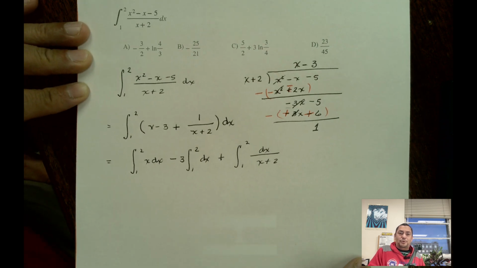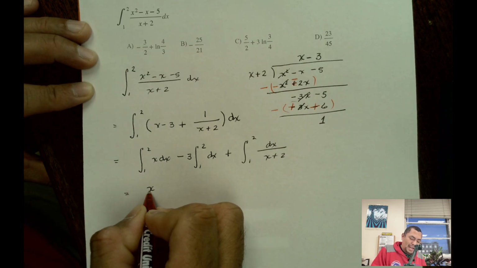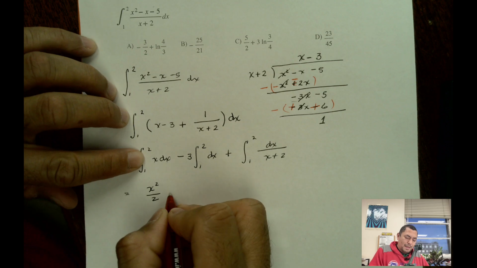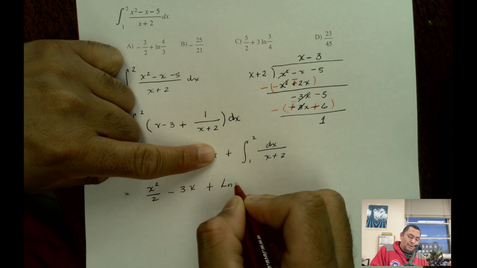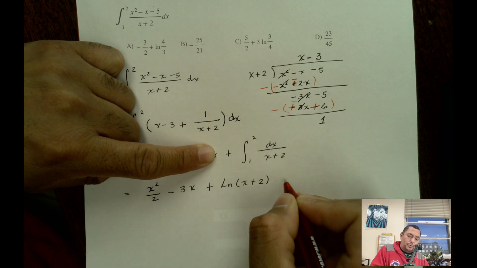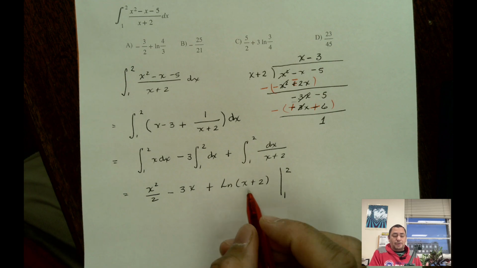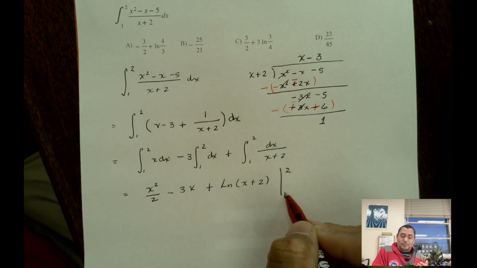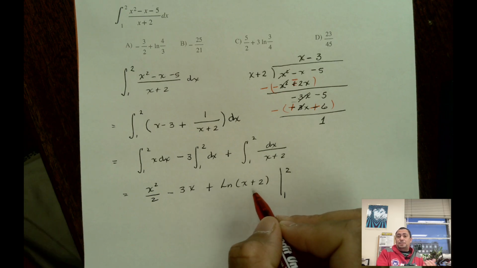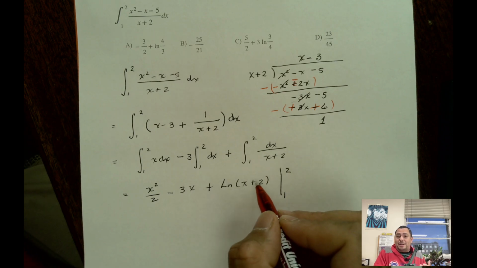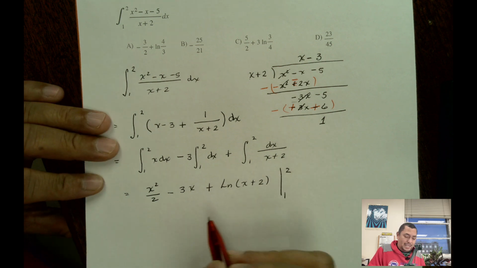Now I'm going to apply the theorem, and I'm going to have x squared over 2 minus 3x plus ln of x plus 2, evaluated from 1 to 2. Why don't I use the absolute value bars? Because we're evaluating with positive numbers, and x plus 2 is positive, so there is no risk of having a negative number or a 0.